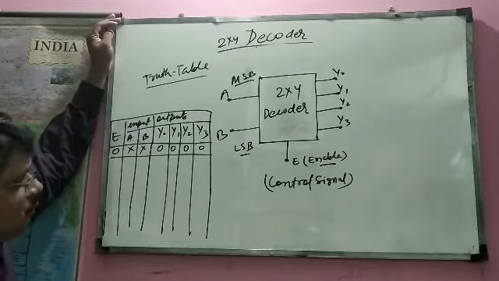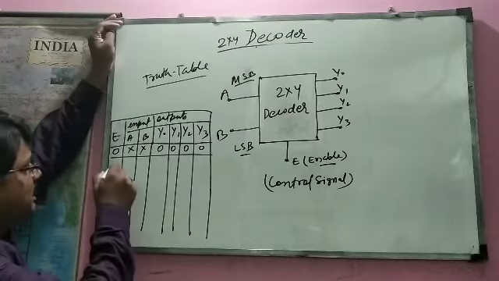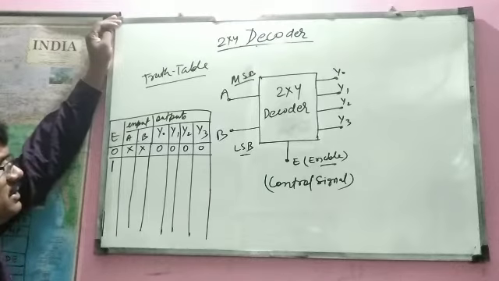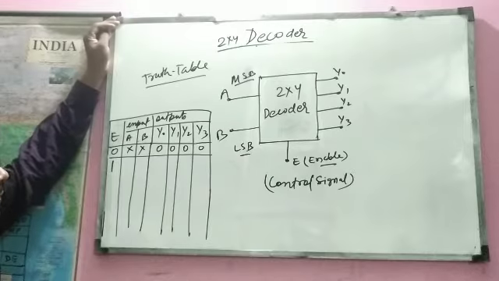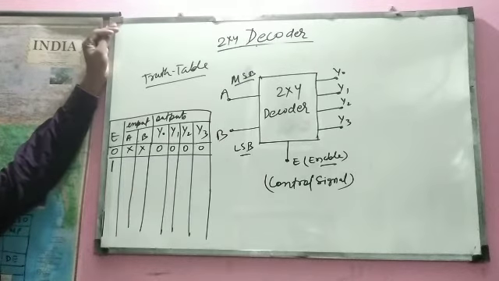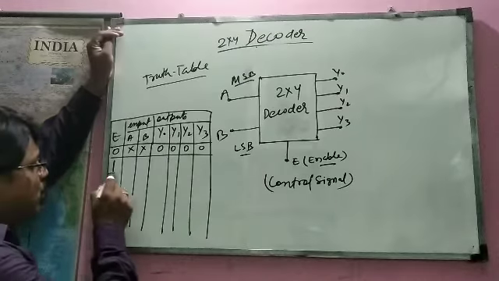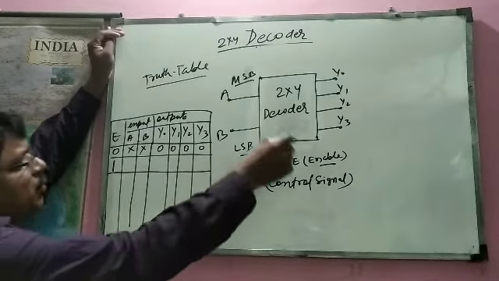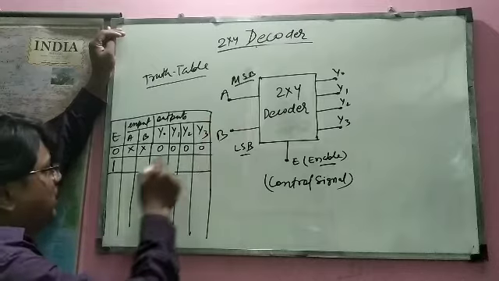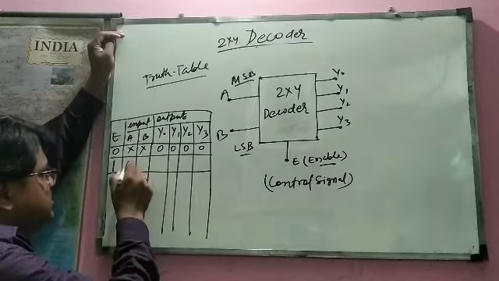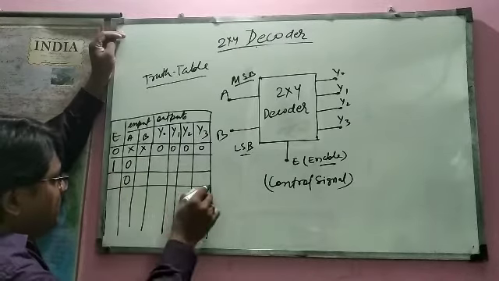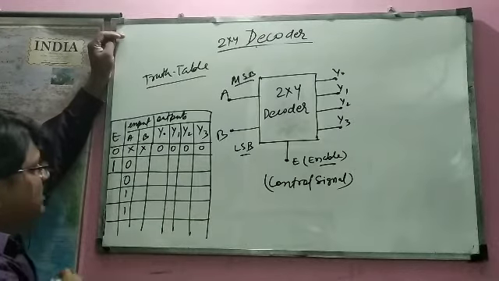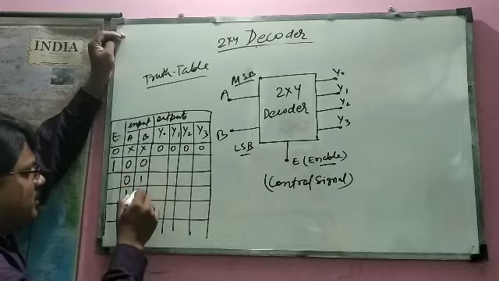So what happens when this enable is 1? Now the output will change according to these inputs. What are the possibilities? 0, 0, 1, 1 and 0, 1, 0, 1.